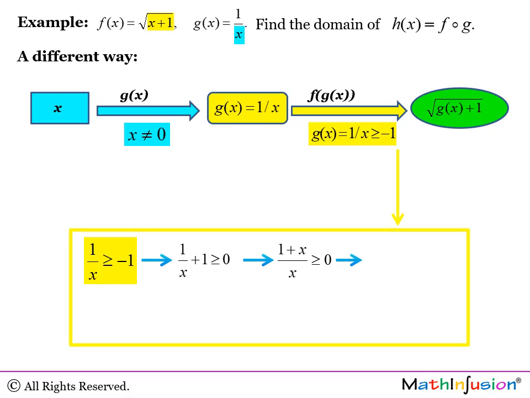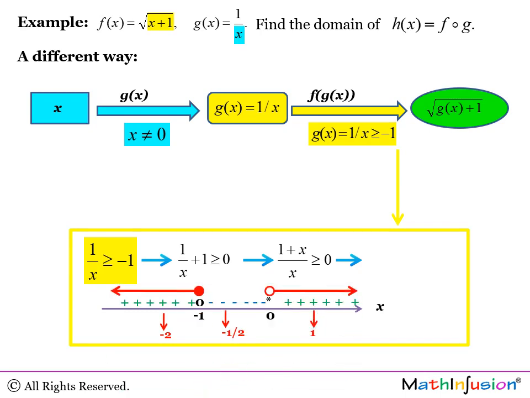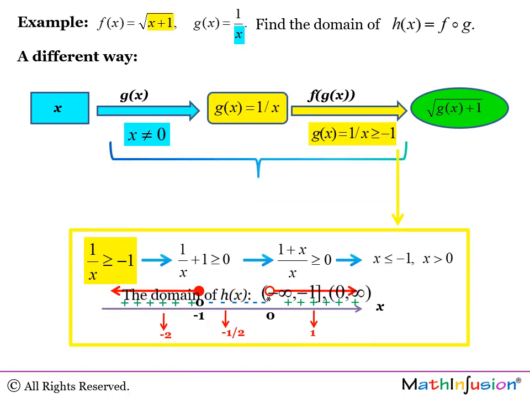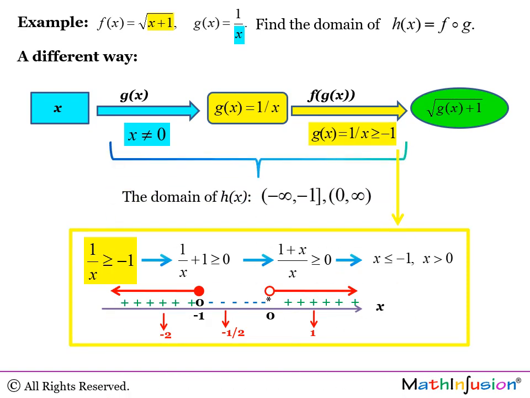We get an inequality, and as you recall, we have to have 0 on one side of the inequality, and then we are doing analysis on the real line, exactly as we did before. I'm going to do it really quickly. And we get that x is less than or equal to -1, or x is greater than 0. And now we observe that it's also true that x is not 0 here, so the domain of h is this.